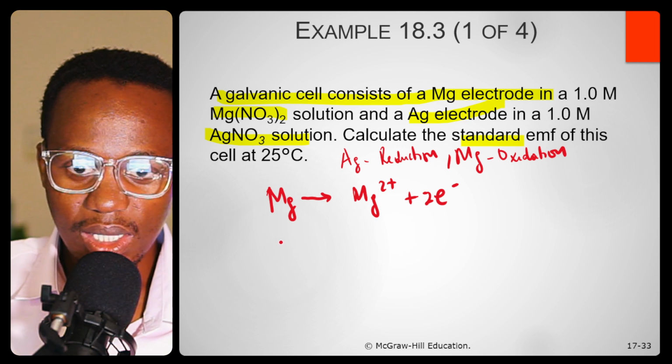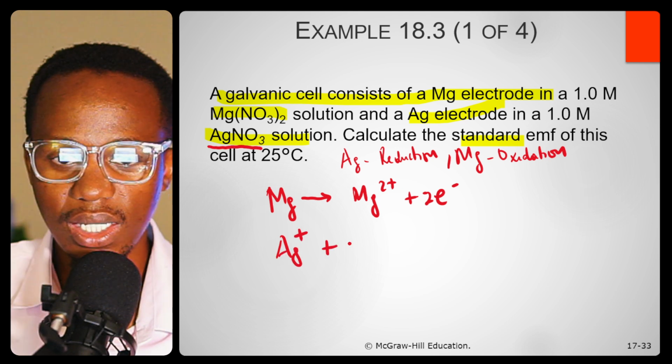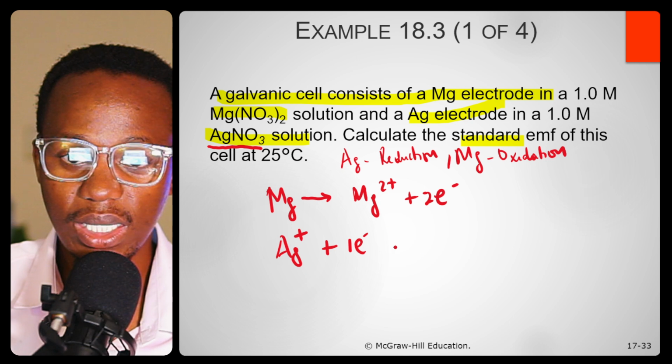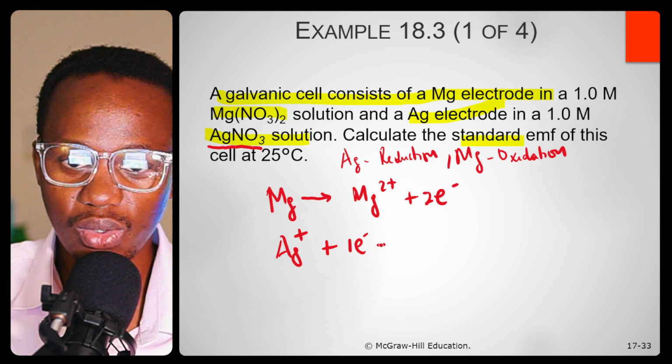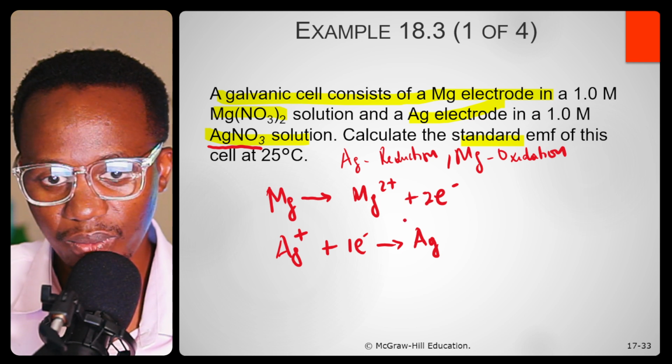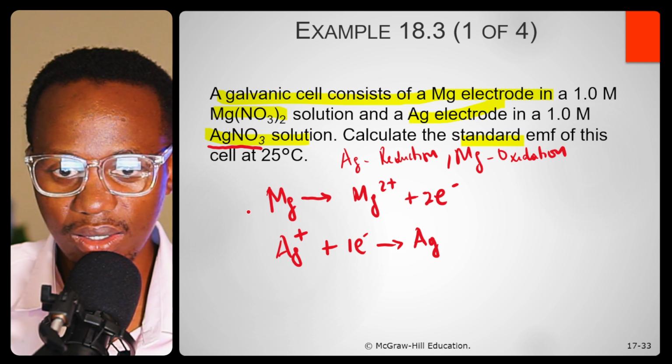It's the opposite. Ag+, and I'm doing Ag+, guys, because the Ag and AgNO3 should give you the hint that Ag has a charge of +1, and then magnesium +2, right? Plus 1 electron becomes Ag. So this is what reduction is. So these are the half cells.